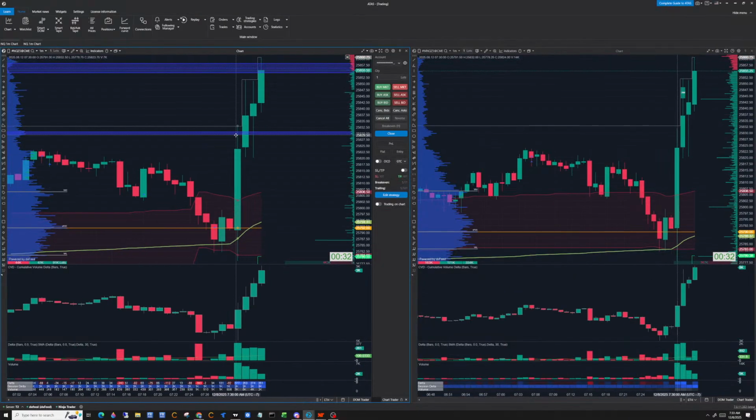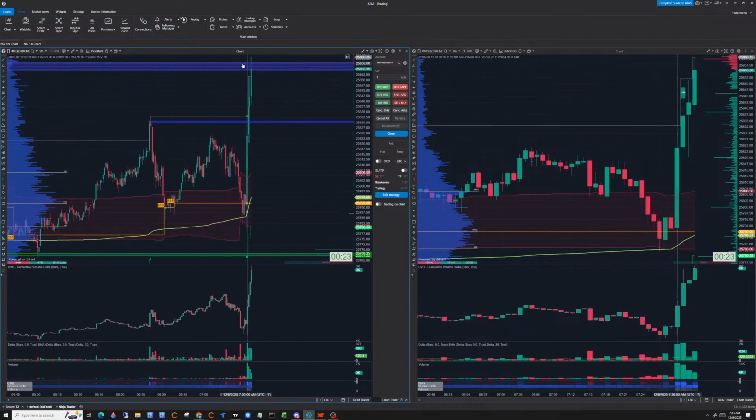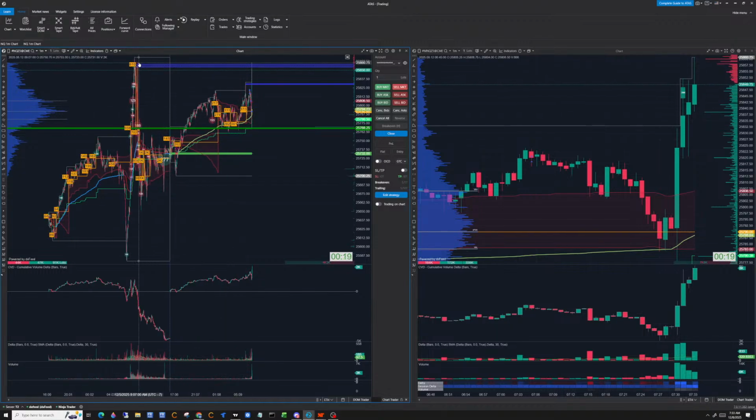Right now we've got good delta, lots of buying, lots of volume hitting an area that I marked up from the prior high on Thursday.